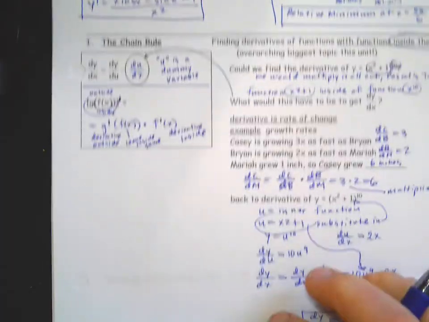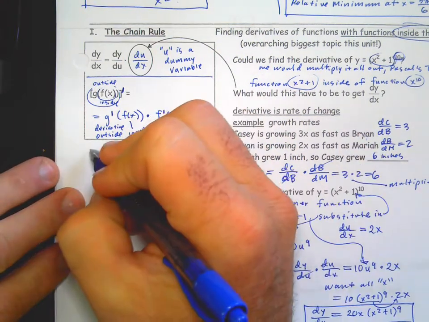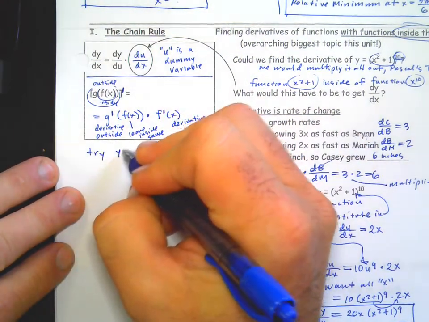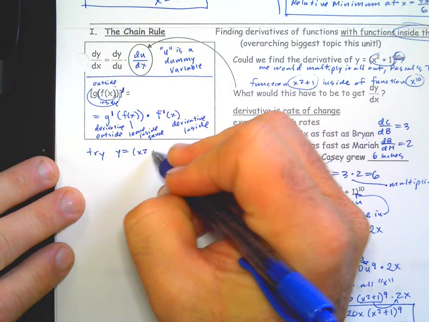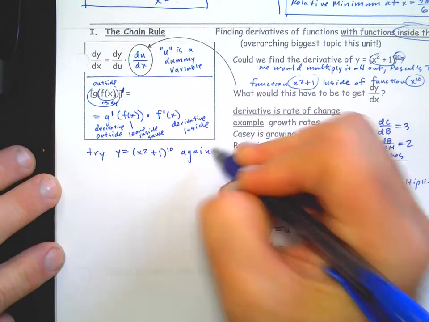And this is definitely not a formula to memorize. We're going to do the same problem. I'm going to try it again, but way faster. We're not going to do all the in-between steps of the u and all that stuff, because now we know what's going to happen.